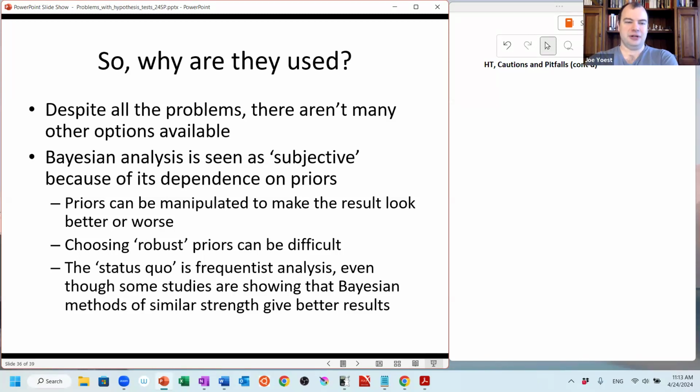Also, one thing that I don't have on here is that there's historically a status quo of frequentist statistics. There are a couple reasons, but one big reason is that Bayesian statistics, the way that they're done today to solve practical problems, uses a ton of computer power, by today's standards.